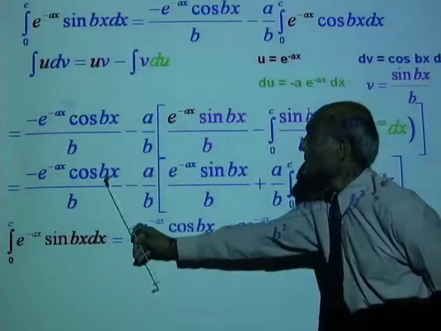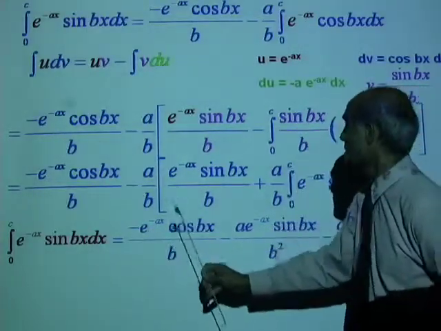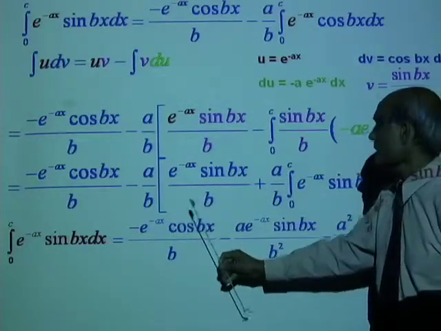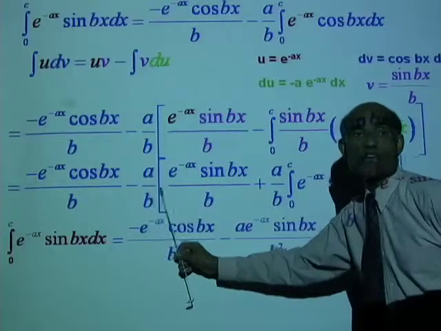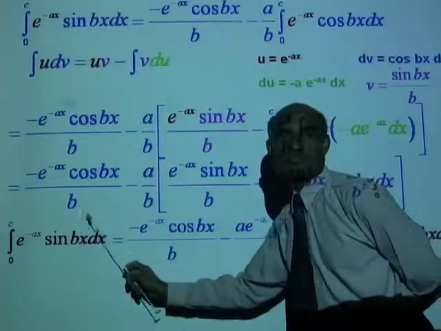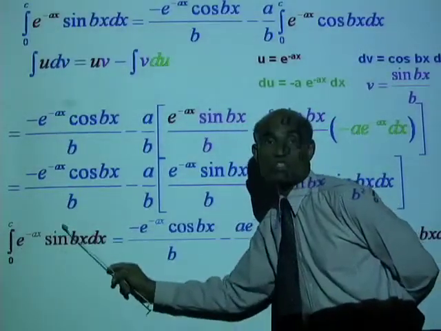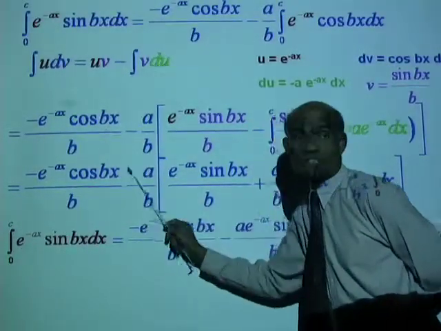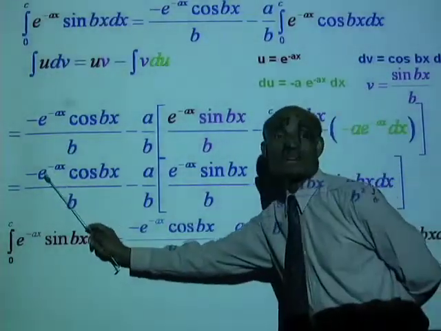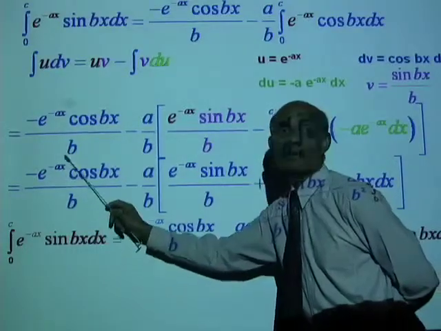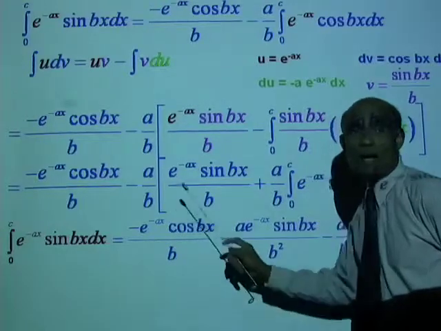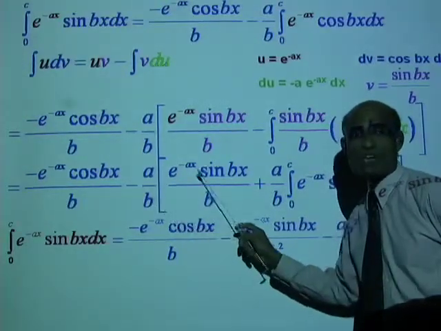And let's simplify that right hand side by doing what? We can distribute this a over b into here. And I want you to watch this once again. This is the left hand side we started with, and all these things that we have been doing is the right hand side. So the first term on the right hand side is this: negative e to the power of negative ax cos bx divided by b minus, let's distribute that, minus a over b.